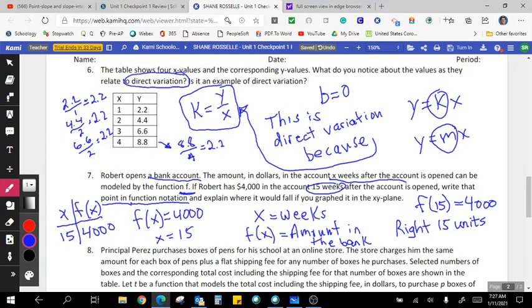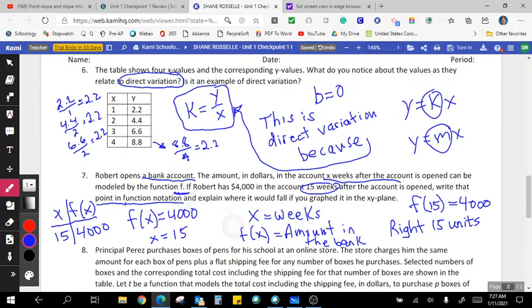You could also write it as a point, 15 comma 4,000. And what that means is that we're going to go right 15 units and we're going to go up 4,000. And those are my answers for it.